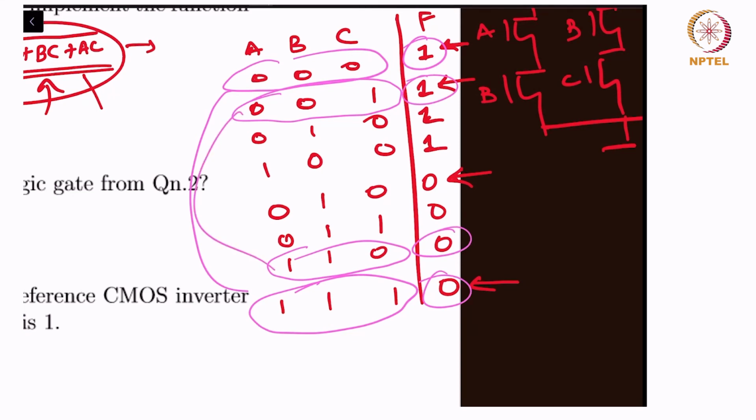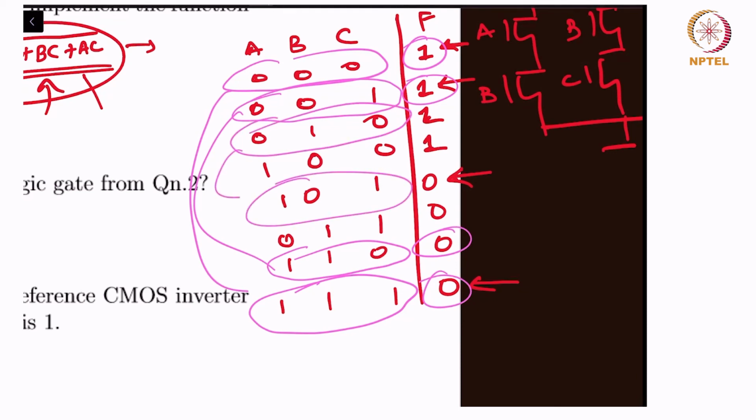For 0, 1, 0, you have 1, 0, 1, right? And for 1, 0, 0 you have 0, 1, 1.